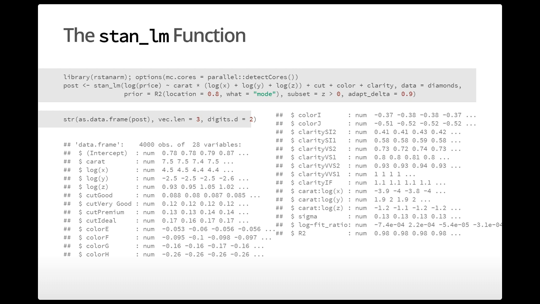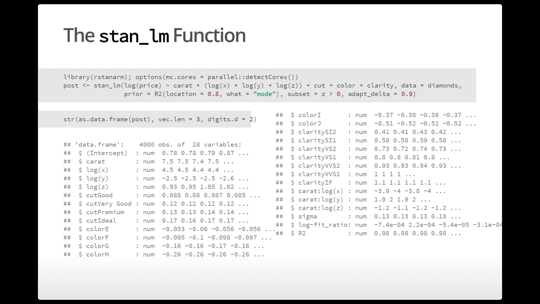So the stan_lm function in the rstanarm package will estimate linear models in much the same way the lm function that comes with R does. It takes the same formula syntax and a data frame where the variables live. The only difference is we need to specify priors, and in this case the only prior to be specified is on the R squared. I went with a prior mode of 0.8.